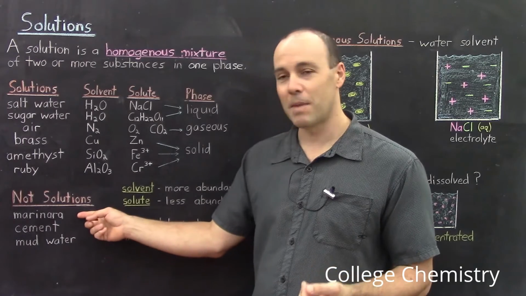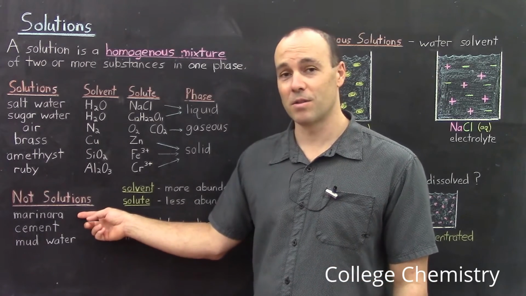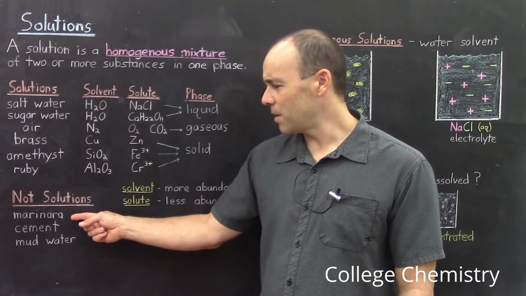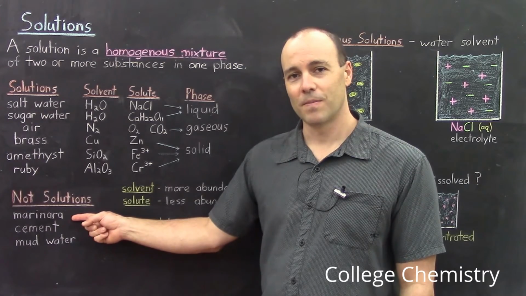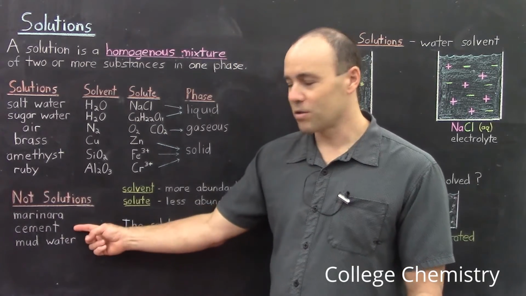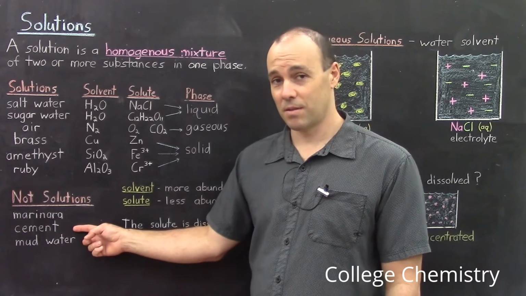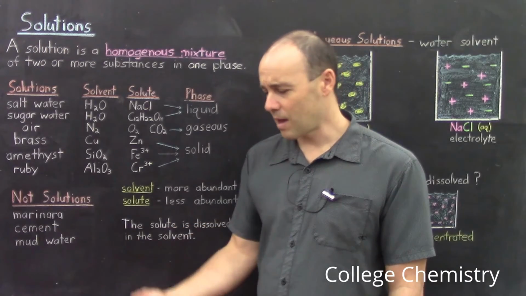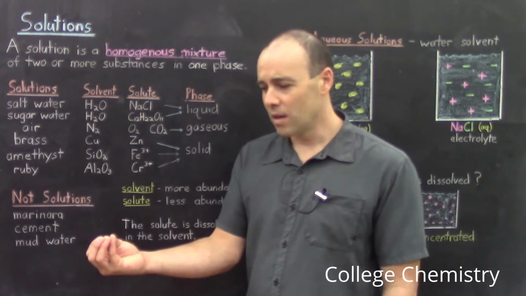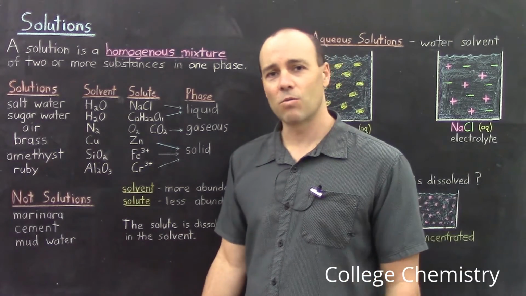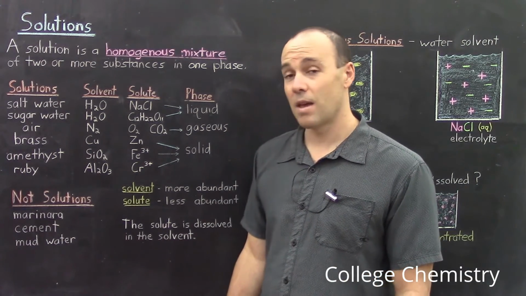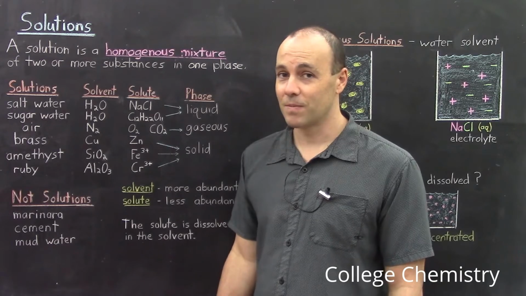So this is not a homogeneous mixture and definitely not a solution. You describe it as a heterogeneous mixture. Another heterogeneous mixture that's not a solution is cement. Cement has large chunks of rock and perhaps other debris mixed throughout the cement. So again, heterogeneous, not homogeneous.